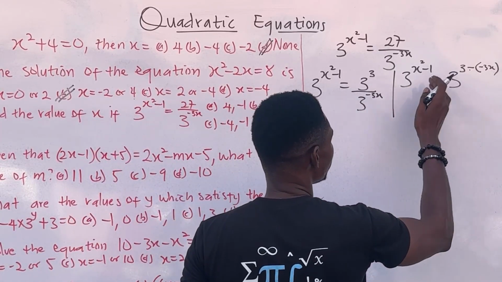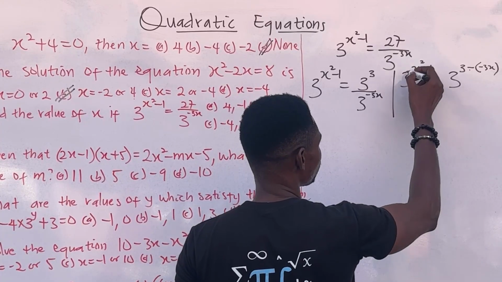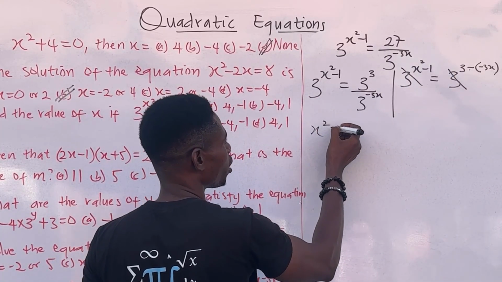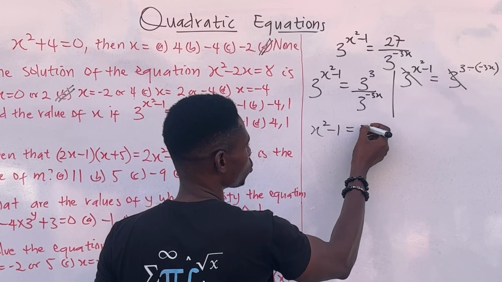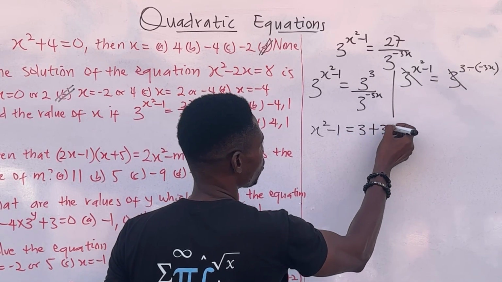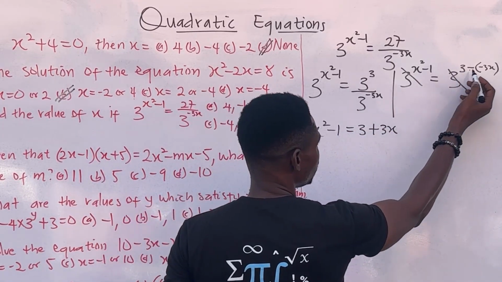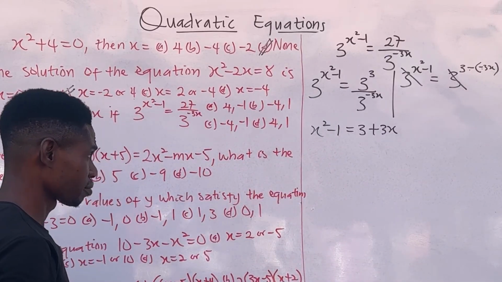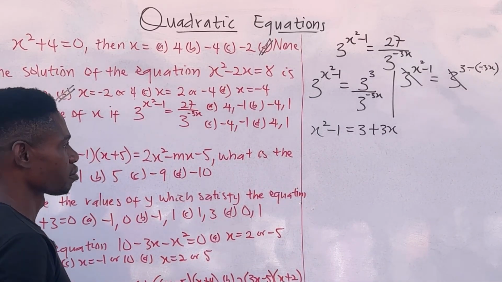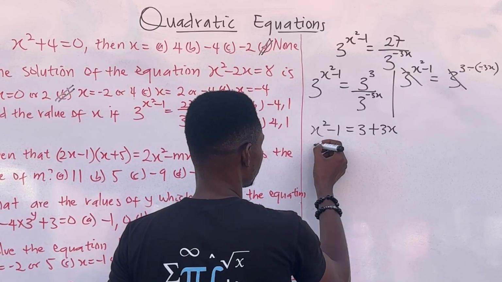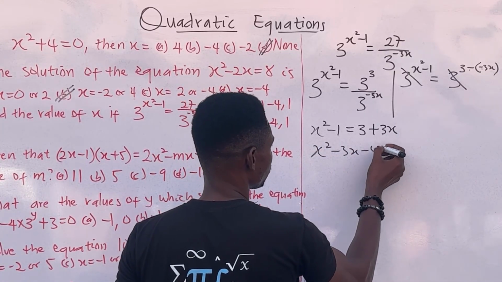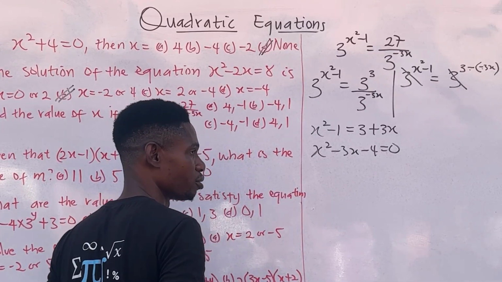From here, we can equate the powers, right? So this cancels this, and then we'll go straight. So what we'll have left is x squared minus 1 equals 3 plus 3x. That's 3. This minus minus gives us plus 3x. Okay, so x squared minus 3x minus 4 equal to 0.